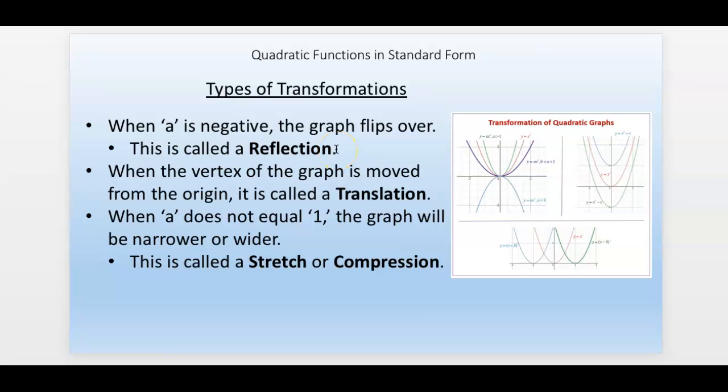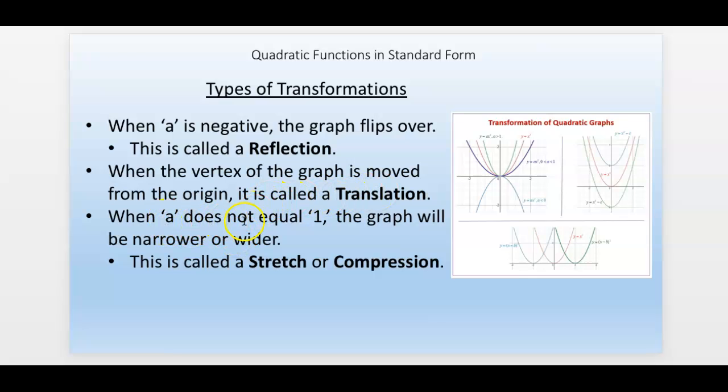It's reflected through the x-axis. When the vertex of the graph is moved from the origin, that's what the h and k do. It moves it around. That's called a translation.